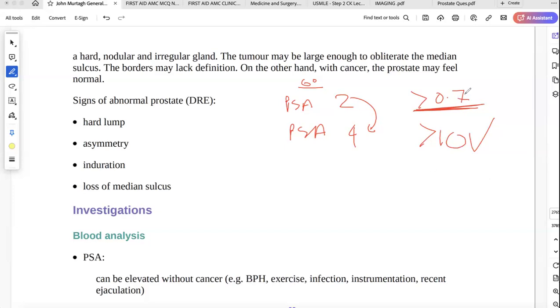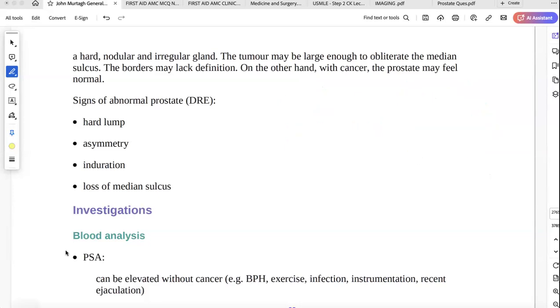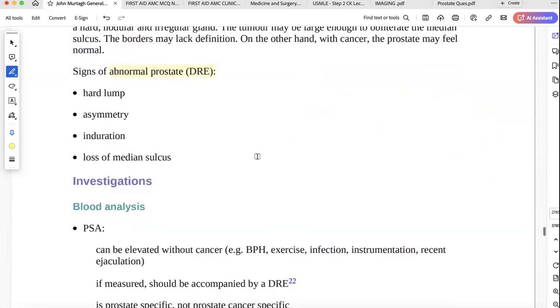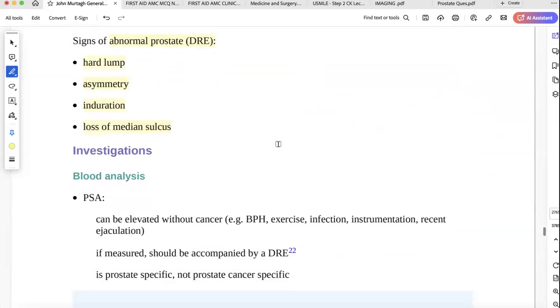Okay, so for this group of patients, when you have done a repeat PSA and you think it could be a cancer, the next step will be to do a DRE. When you do the DRE, if you get a hard lump, asymmetry, induration, loss of median sulcus, that will give you the idea that it could be a prostate cancer.